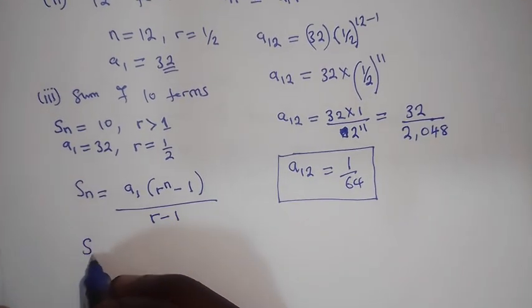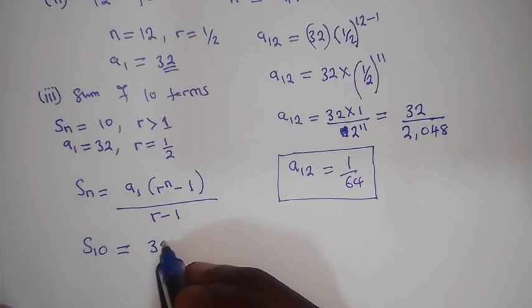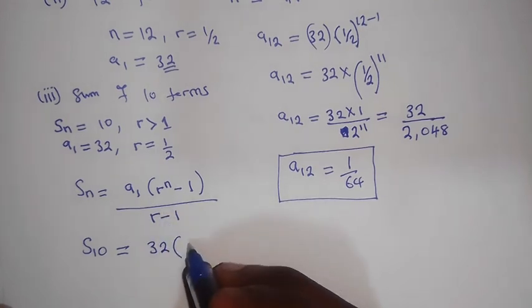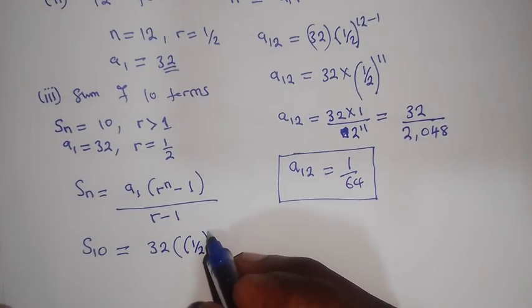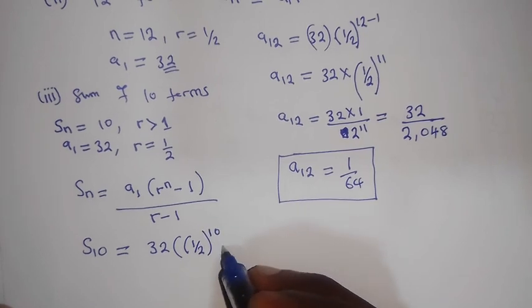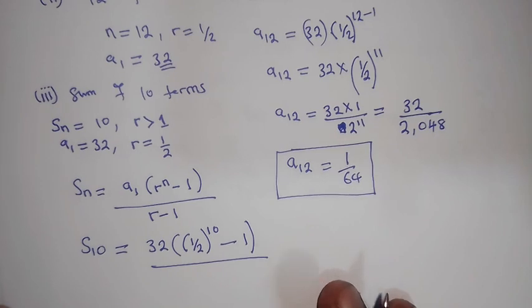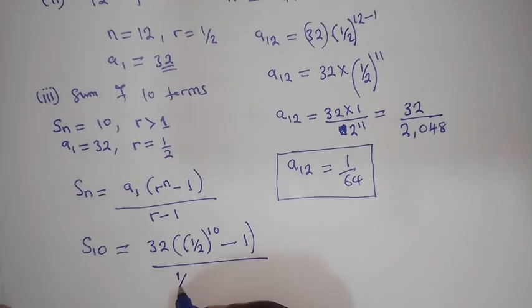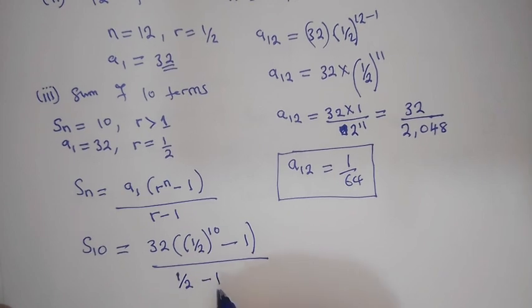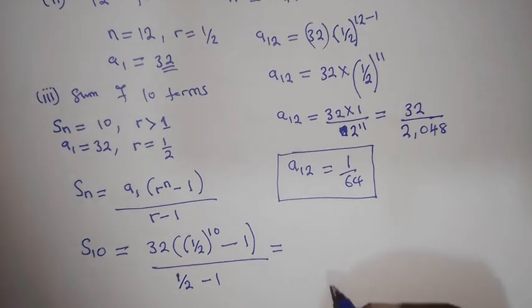Where there is n, we put 10, and the first term is 32. The common ratio is half, then to the power 10 minus 1. Close the bracket, divide by r, which is half, minus 1.